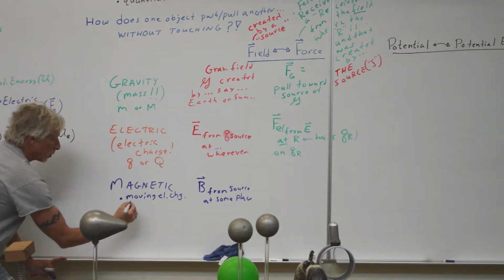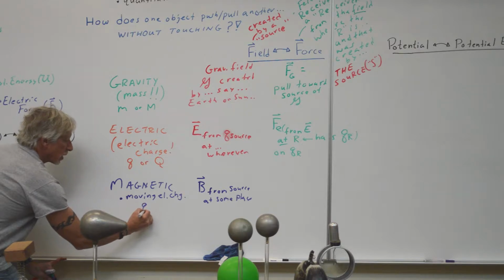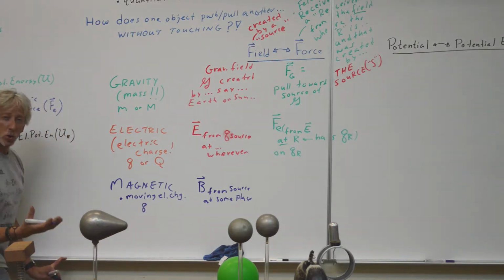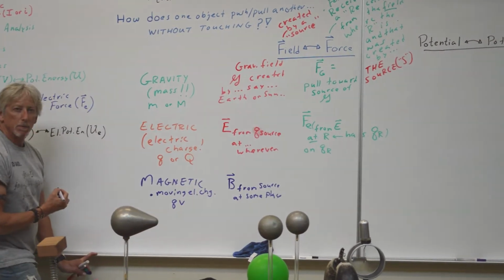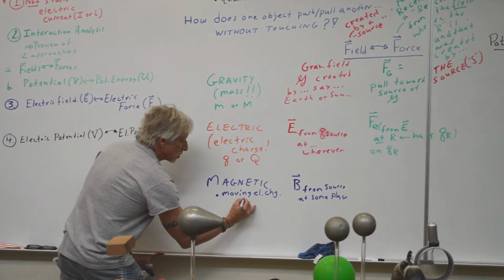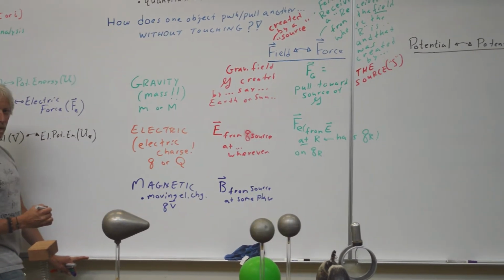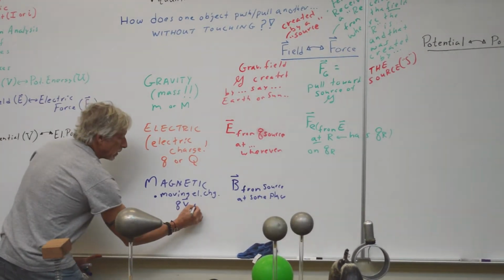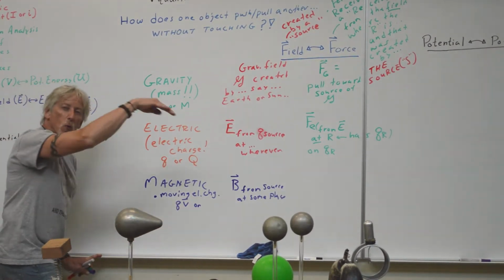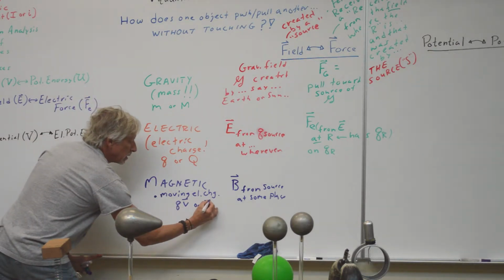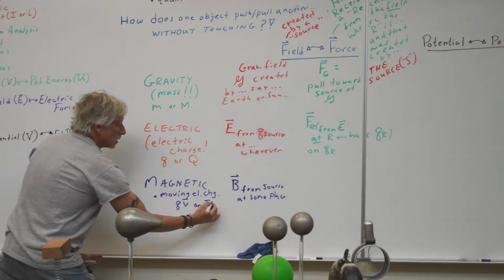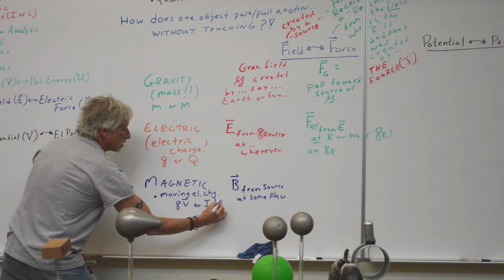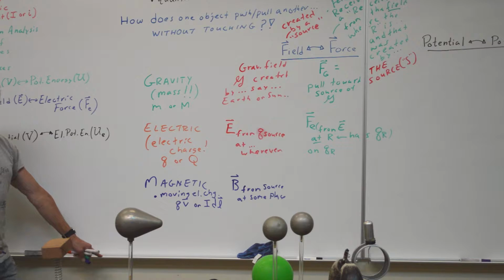So I'm going to do this a couple ways. There's the charge, how much charge, how many coulombs, often, and its speed and its direction. And you're going to see later, or moving charge through that wire, which is the electric current times the length and direction of that wire. So I'm going to put those two together.